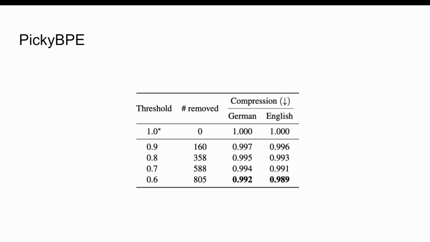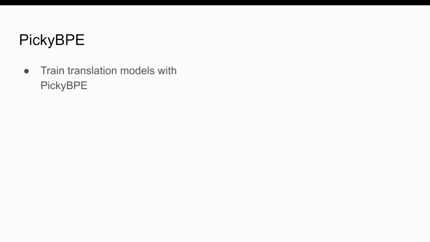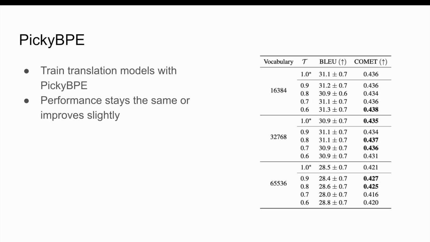We also wanted to check that this wasn't harming other things that we knew might be important. So we looked at the compression, and we found that compression was pretty much the same, maybe even very slightly better with Picky BPE. We also trained a translation model with this tokenizer, and we found that performance pretty much stayed the same or even improved very slightly.